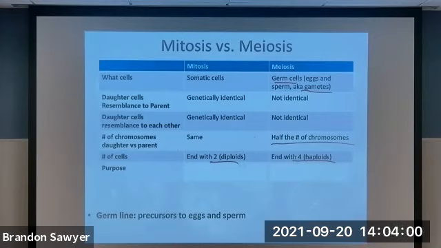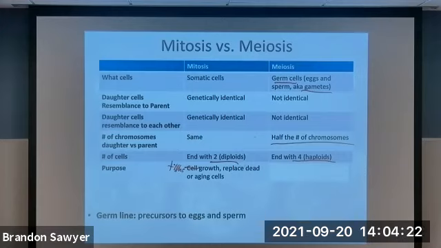The purpose of these for mitosis is really not so much cell growth, but tissue growth. I don't know why I have cell growth there, but tissue growth. If we're making a tissue bigger, sometimes the way the body does that is by adding more cells to it. But a lot of times we have to replace cells that are damaged, so that's part of it.